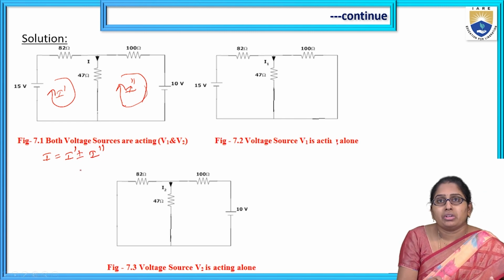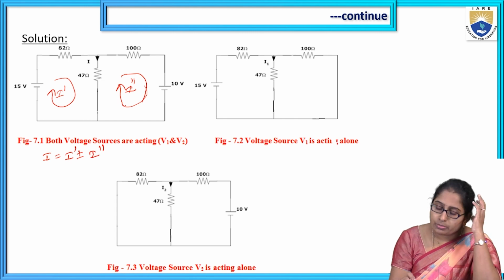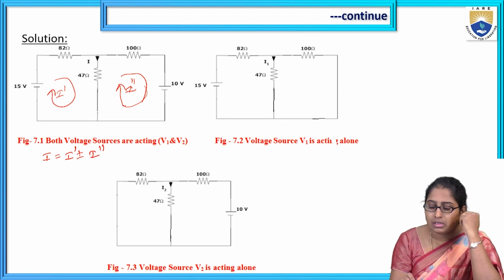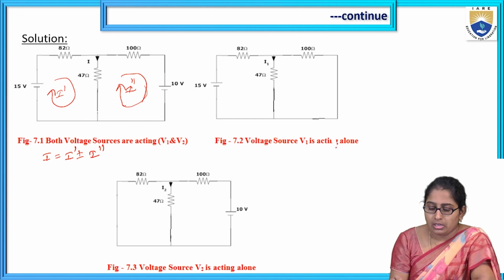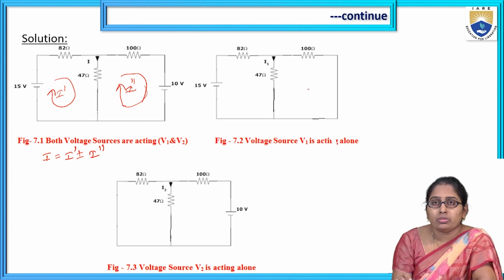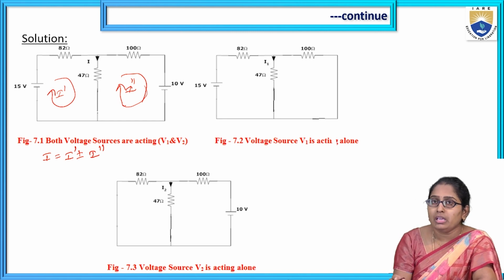Now, consider first the source V1. When voltage source V1 is acting alone, only the 15 volt source is connected. The elements are the same as the given circuit, but the other voltage source, the 10 volt source, is replaced with a short circuit.